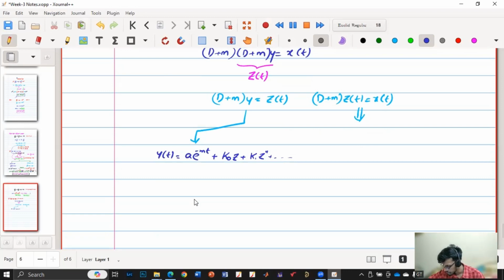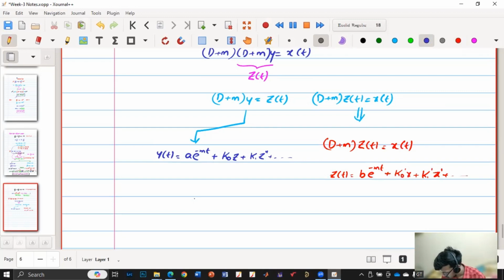Now, this is the trickiest part. If you substitute that, we will get (D plus m) into z of t is equals to x of t. So now what will be the expression for z of t? Some b into e to the power minus mt plus k naught dash x plus k1 dash x dash plus up to so on.